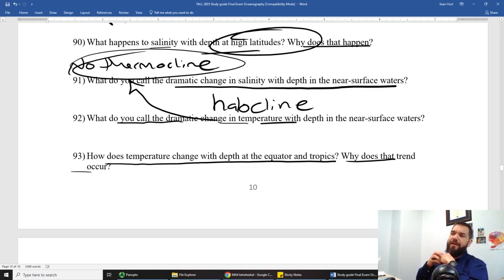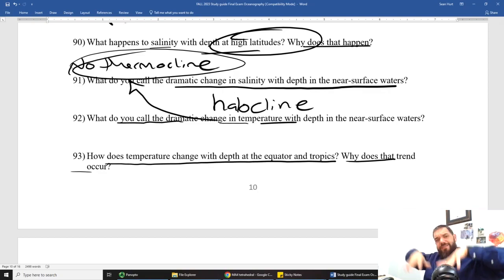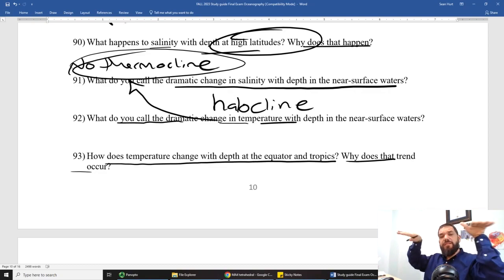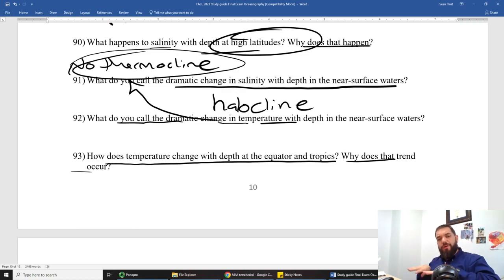By the time you get down to like 1,000 meters, you're almost at ice cold waters. That trend occurs because the sun is heating things up from on top, and the hot water is not going to sink because it's less dense, it's more buoyant, it stays up on top, and the cold water stays down there because it's more dense.